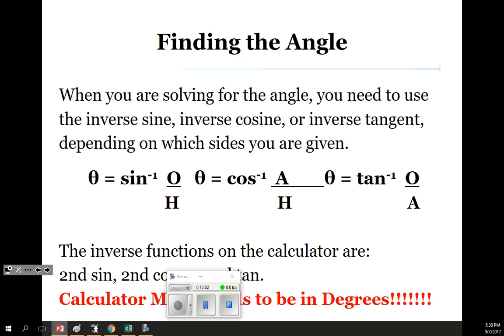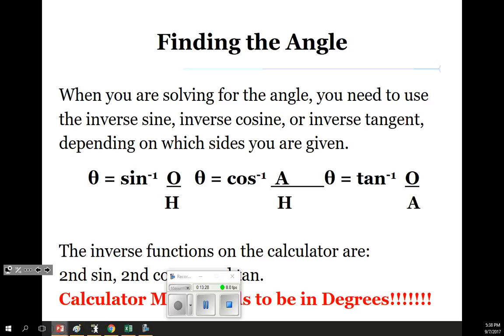In this situation, we're given two sides of the triangle, and we can use two sides, whether it's opposite and hypotenuse, adjacent and hypotenuse, or opposite and adjacent, to find that angle. We just are going to use the inverse of the sine, and I'll show you in the calculator how to do that when we get there.